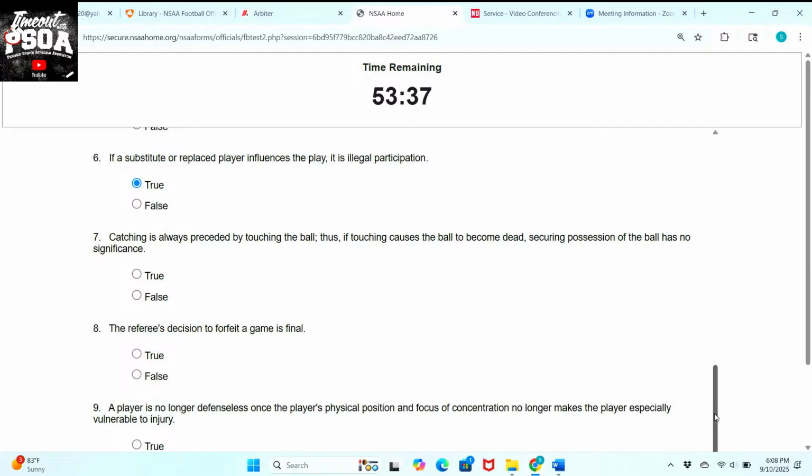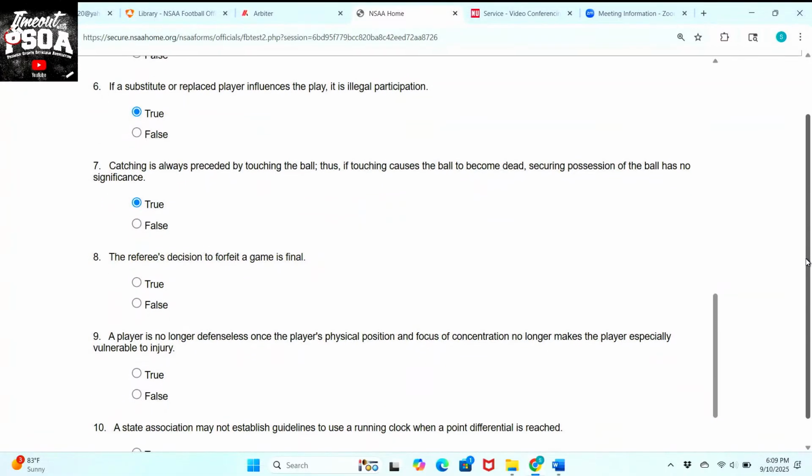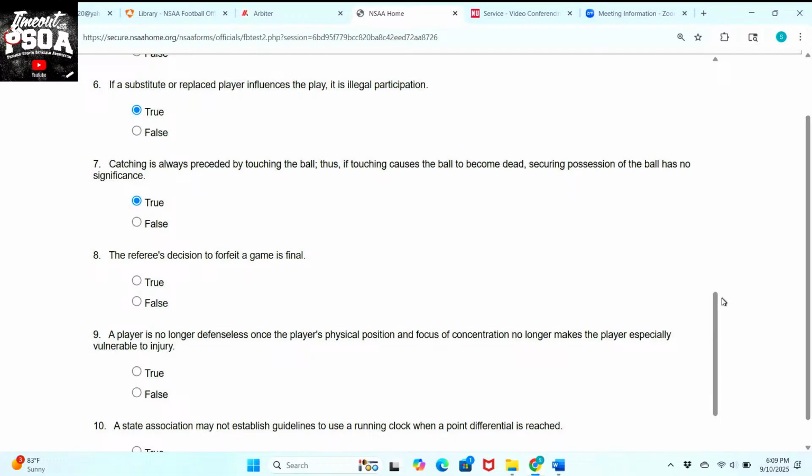I'll go with true. 50-50 shot. That is true. Rule 2-4-2, page 29. I am trying to think of a play off the top of my head that covers this rule, and I can't think of one, so my apologies there. All right, but 2-4-2, number 7 is true.